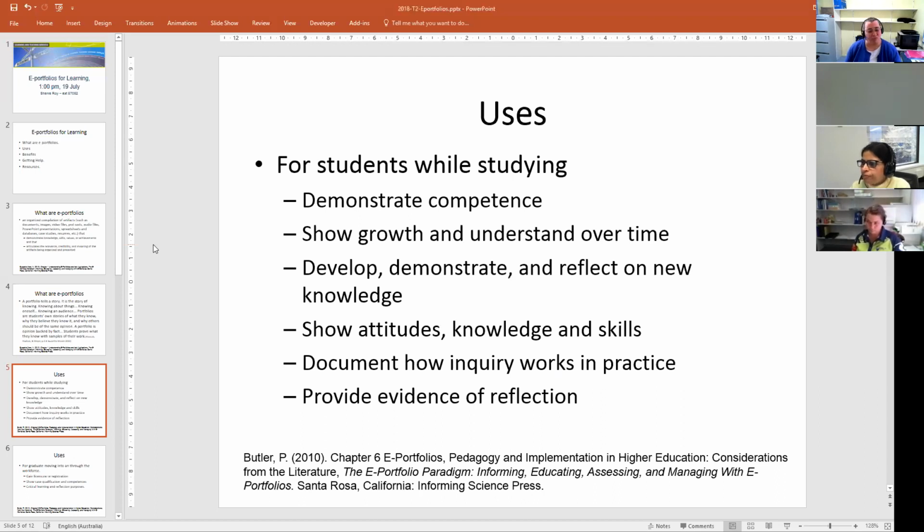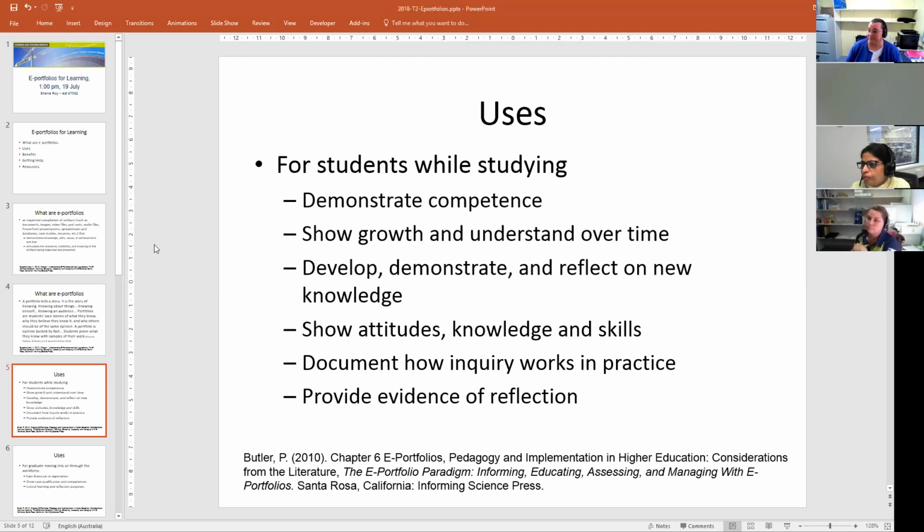While they're studying, it can be quite useful for the students to not just produce a report or whatever else, but the portfolio can help them start to understand themselves, what they know, why they know, and look at their own development as a lifelong learner, as a professional, developing professional attitudes, all of those sorts of bits and pieces.